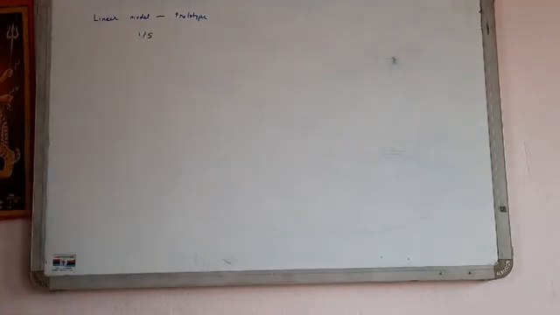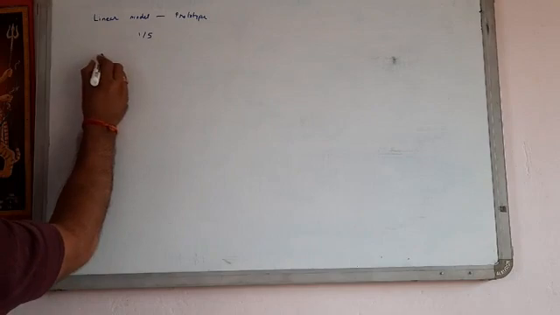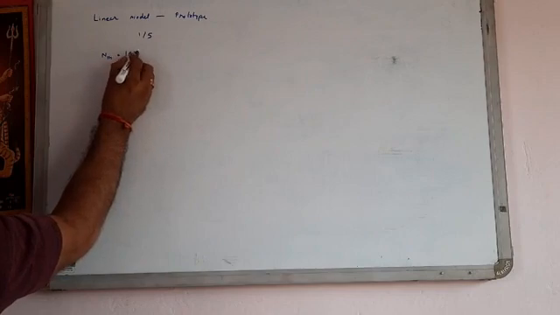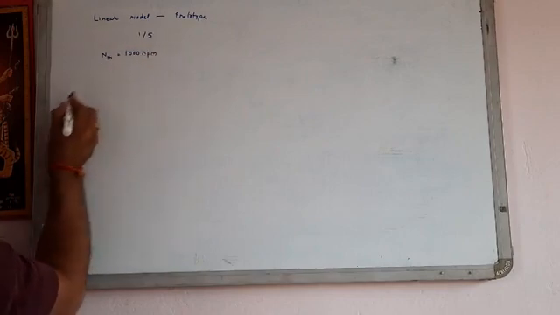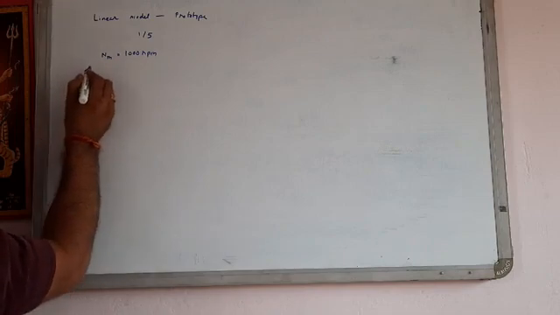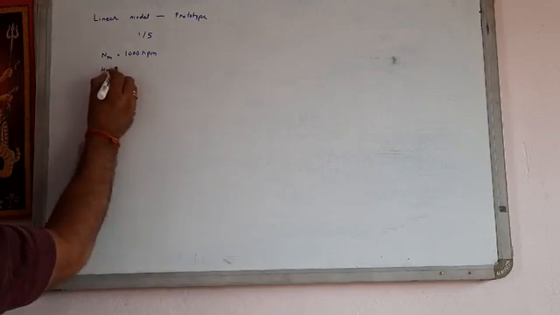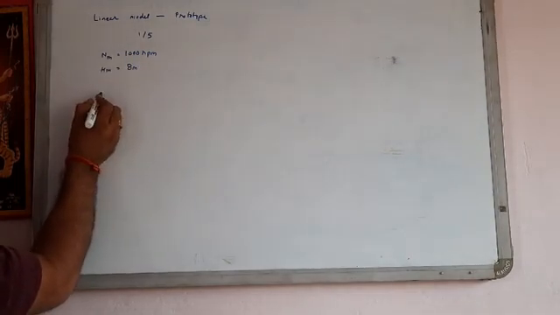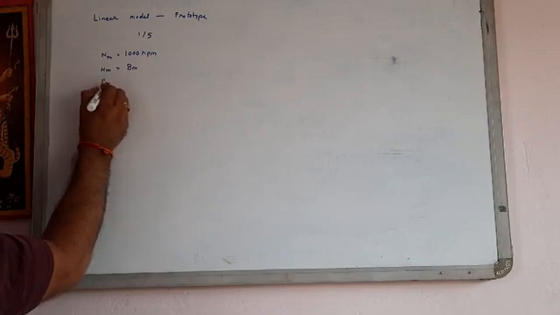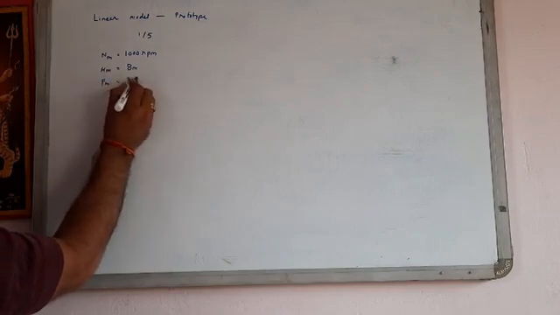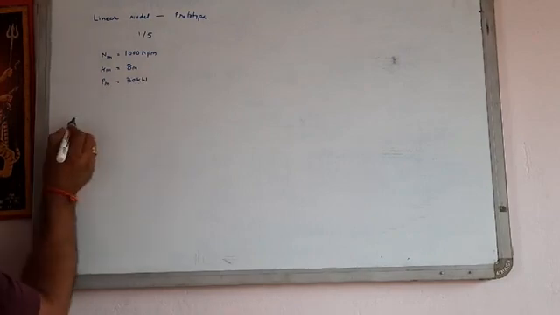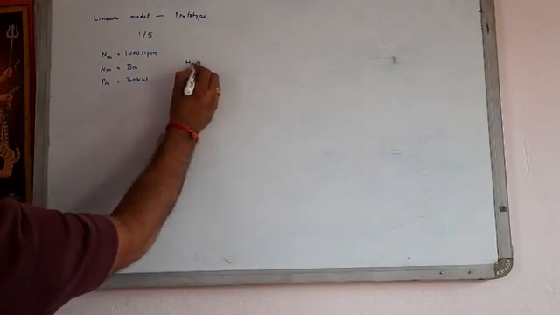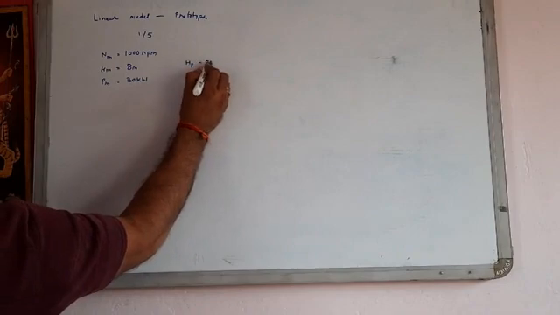Speed of model Nm equal to 1000 rpm. Head of model equal to 8 meter. Power of model 30 kilowatt. Head of prototype 25 meter.